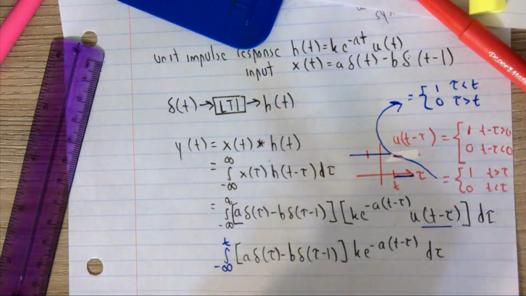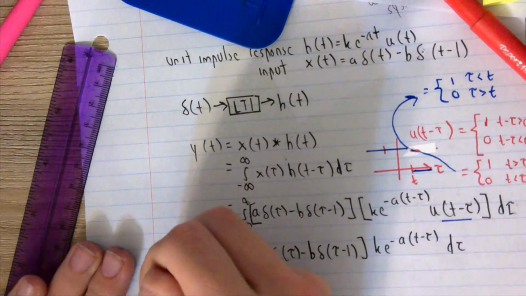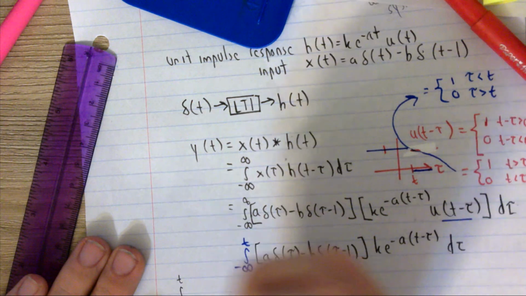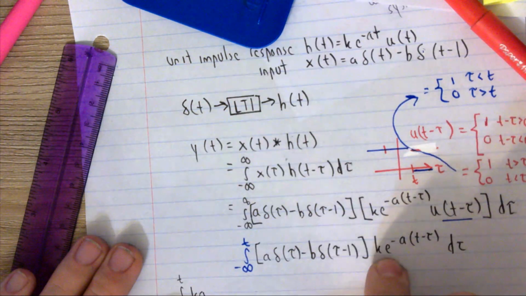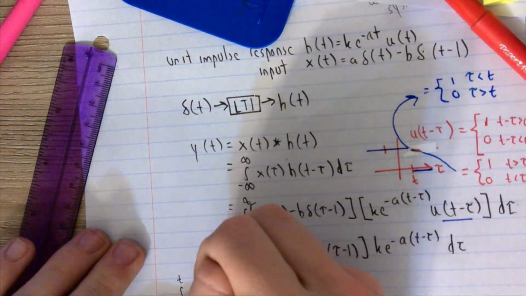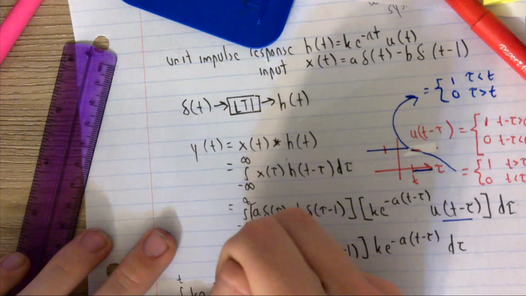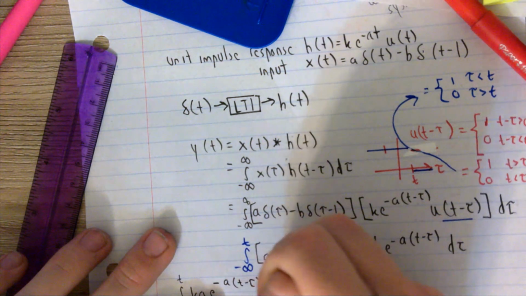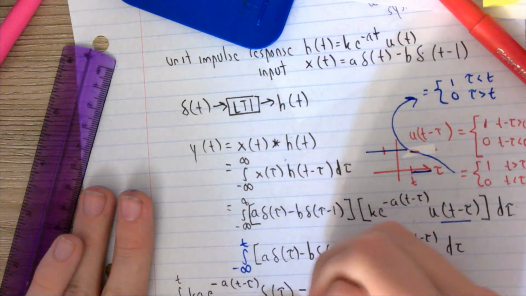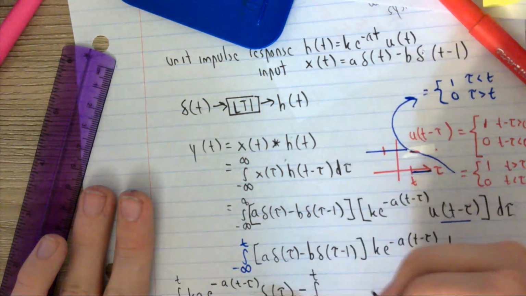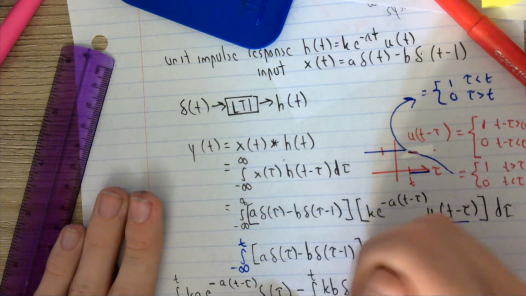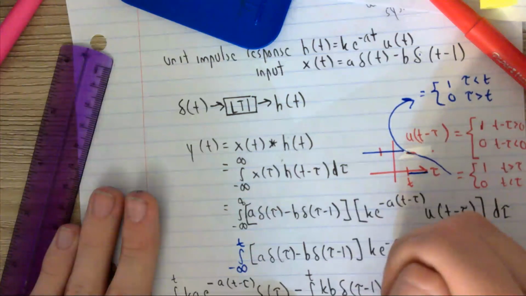So you're going to have the integral from negative infinity to t of ka e to the negative a t minus tau delta tau, minus the integral from negative infinity to t of kb delta tau minus 1 d tau. Oh, sorry, I forgot d tau on this side.